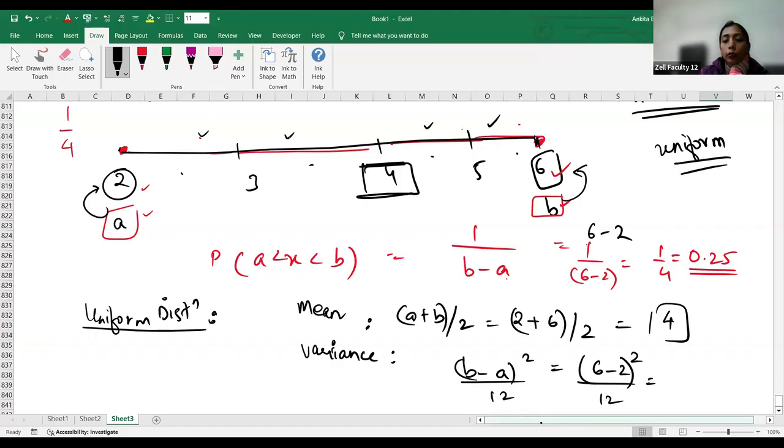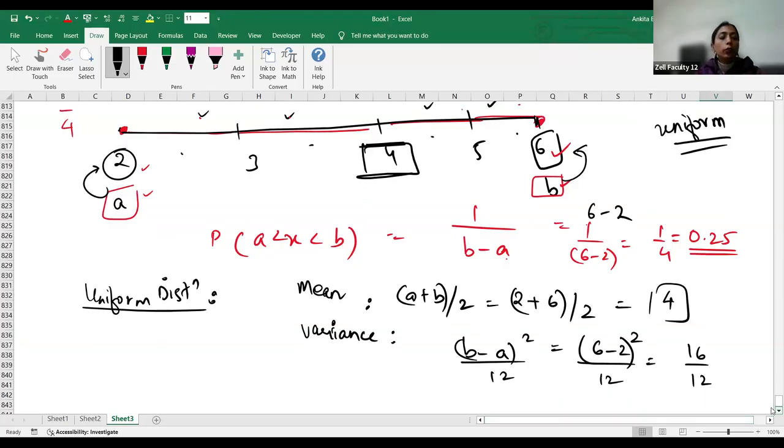That is 4 square, and 4 square is 16. 16 divided by 12. So when you do 16 divided by 12, you're getting 1.33. So 1.33 is the variance of this distribution.